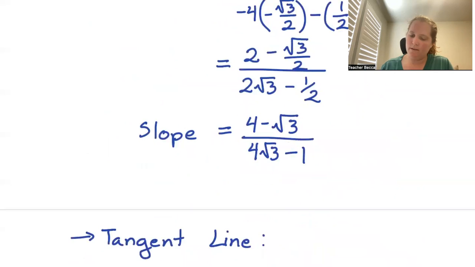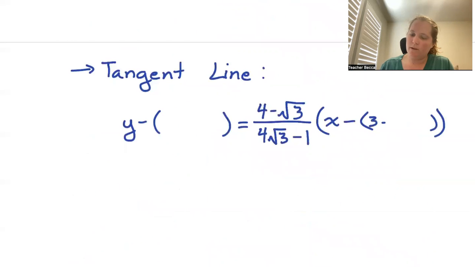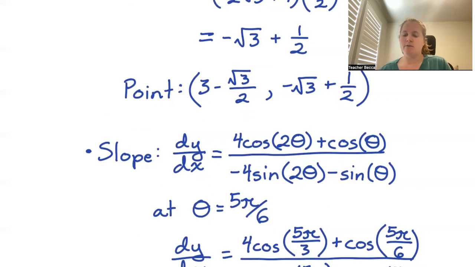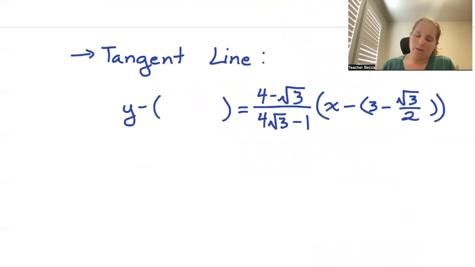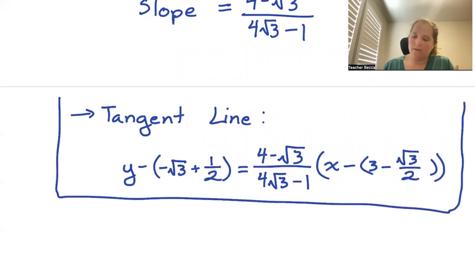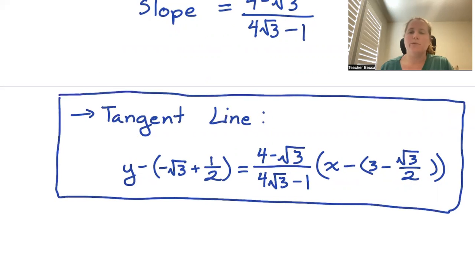Oops, sorry about that. So we have 3 minus root 3 over 2 for our x minus component. The y minus component, our y coordinate, was negative root 3 plus 1/2. So we would have y minus, in parentheses, negative root 3 plus 1/2. So this is the equation for our tangent line to our polar curve at theta equals 5 pi over 6.